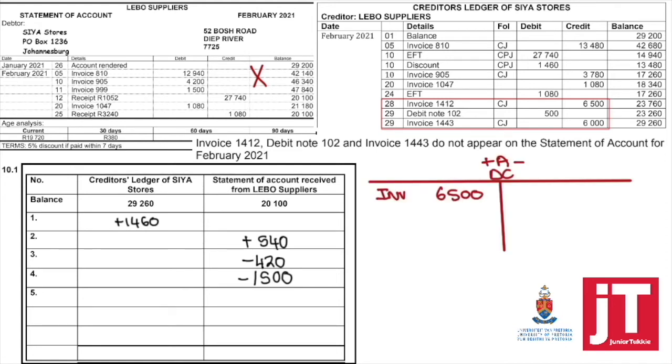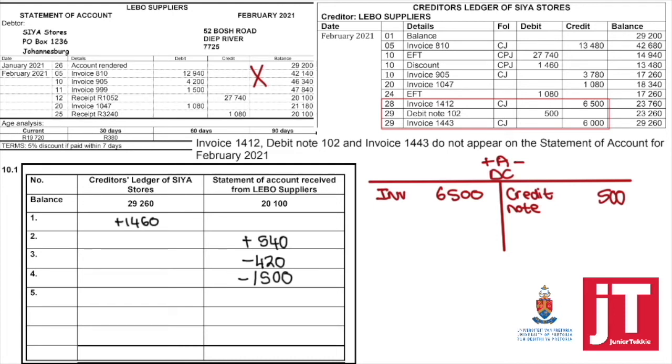The invoice, they will need to debit our account with 6,500. The credit note, they will need to credit our account 500. Why did I say credit note if it says debit note? When we return items to our supplier, we will issue them with a debit note.